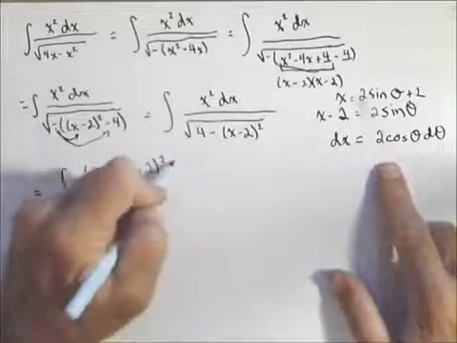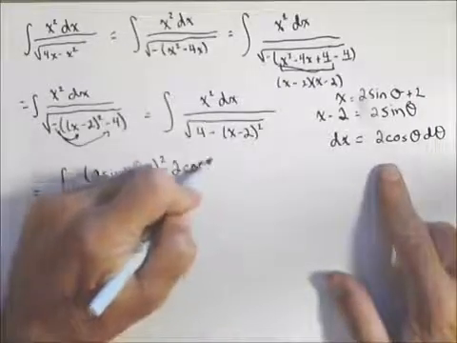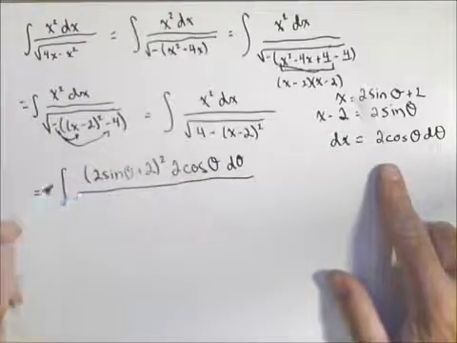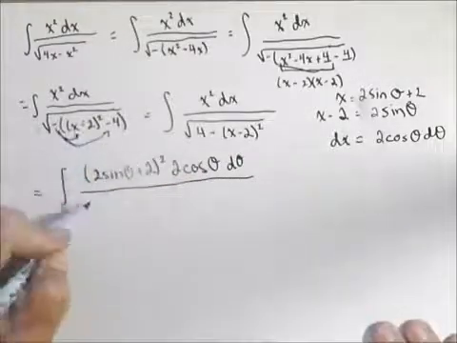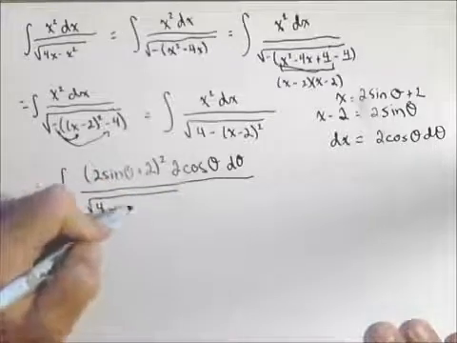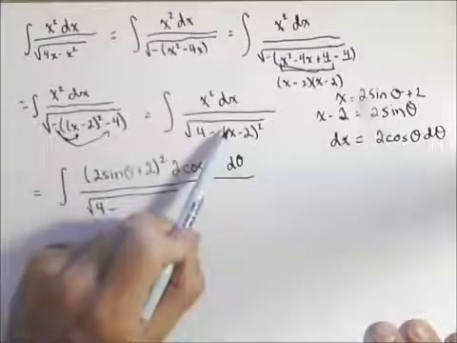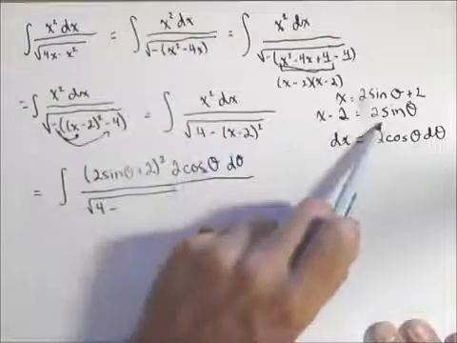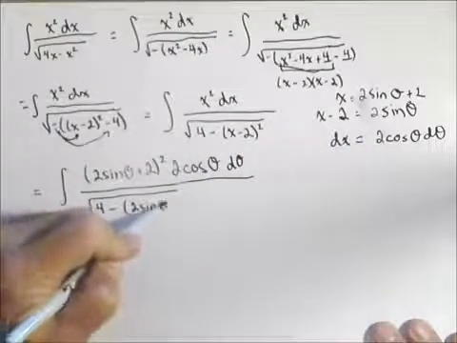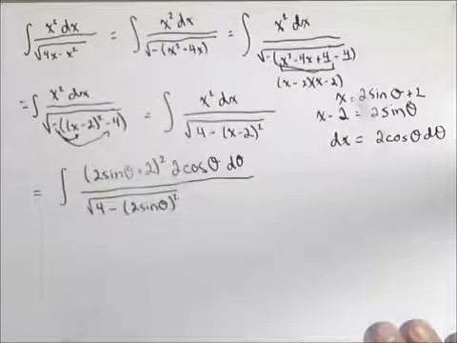Dx, which is 2 cosine theta d theta. All over, on bottom, we have the square root of 4 minus, now remember, x minus 2 is being replaced by 2 sine theta. So 2 sine theta squared.